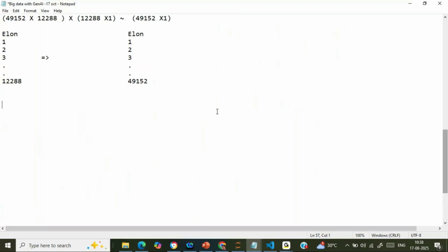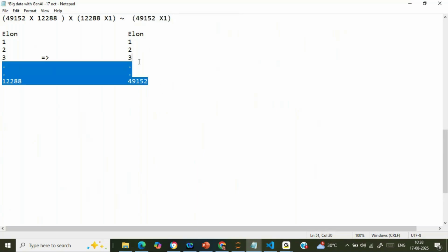Now we have a higher size of embeddings for each and every token. Once we have this embedding, what will happen? The output will be like this.